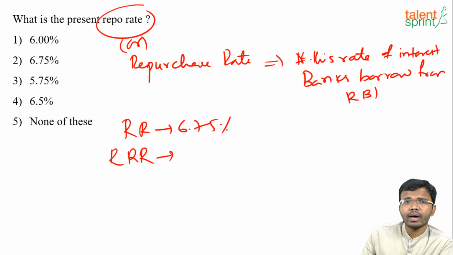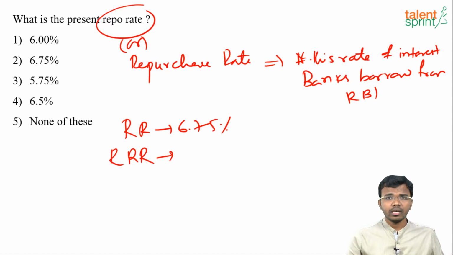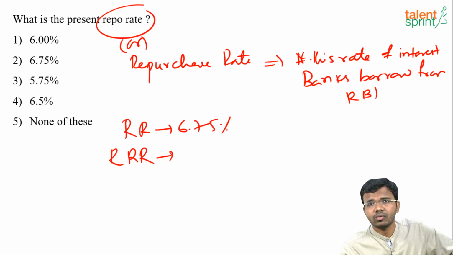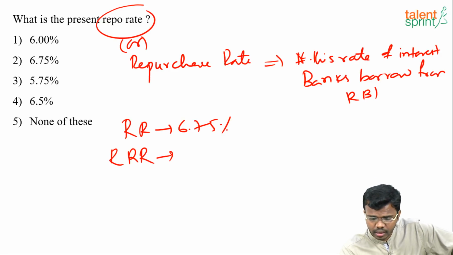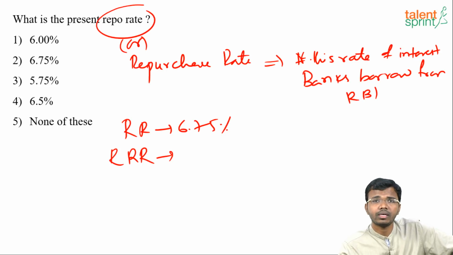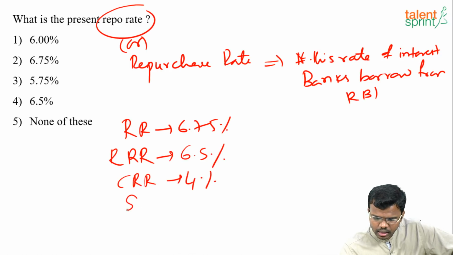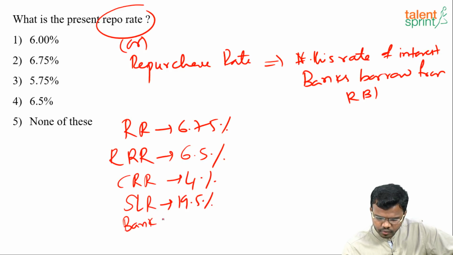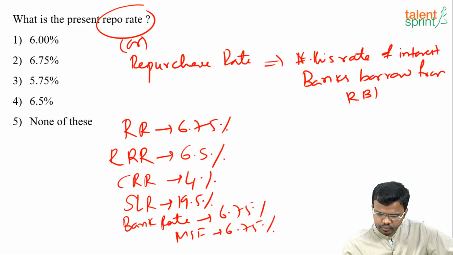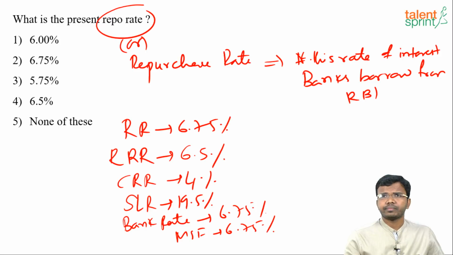Reverse repo rate is the rate at which the RBI takes away the money from the banks. You should not say banks will give money to RBI, because RBI is the one who prints the money, right? So RBI will take the money from the banks at reverse repo rate of interest. CRR is 4%, SLR is 19.5%, bank rate is 6.75%, and MSF is also 6.75%.